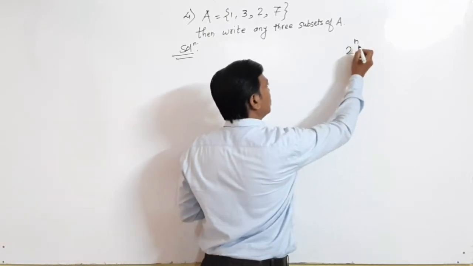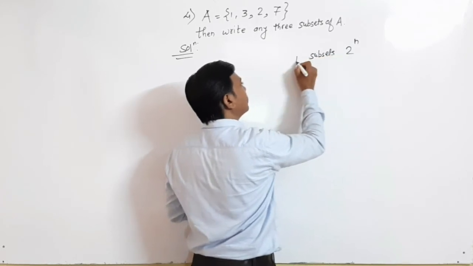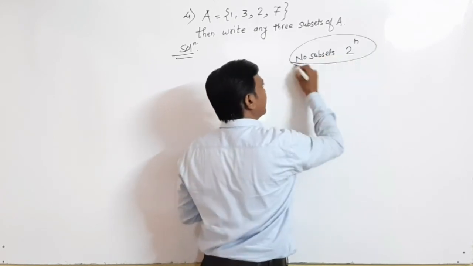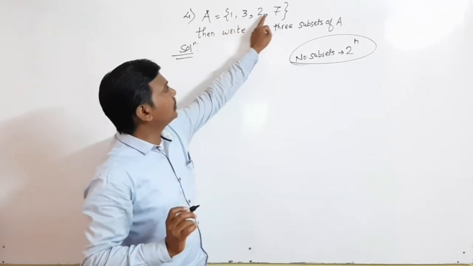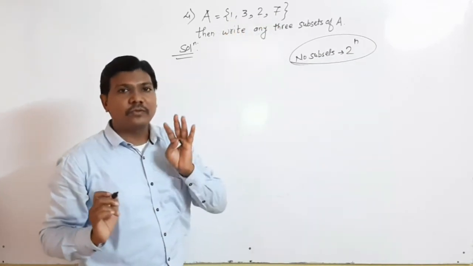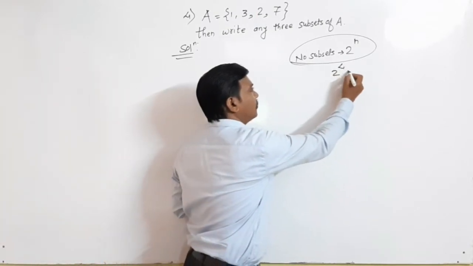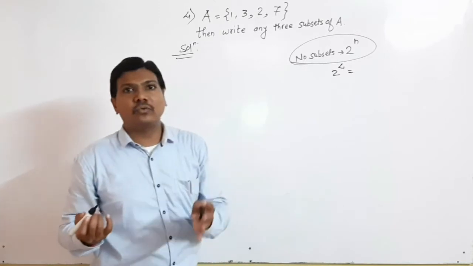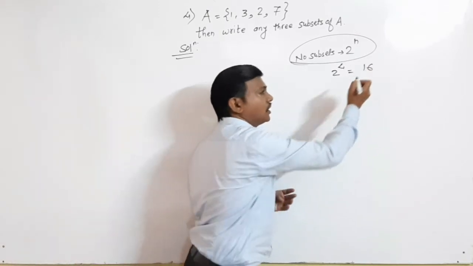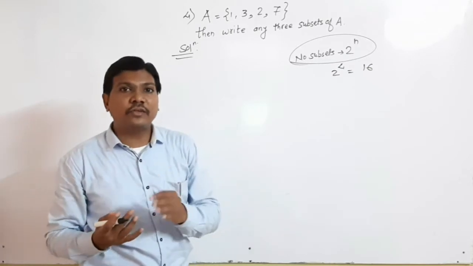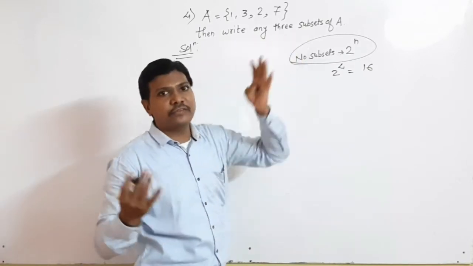Here there are 1, 2, 3, 4 elements, so n equals 4. So we write 2 raised to 4, that is 2 into 2 into 2 into 2, that is 16. So here a total of 16 subsets are there, and the question is only to write 3 subsets.